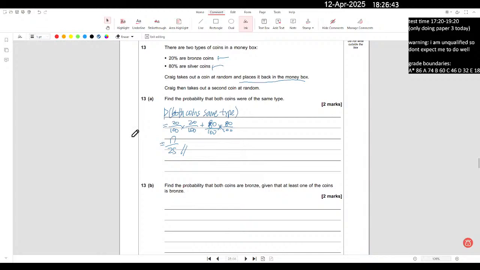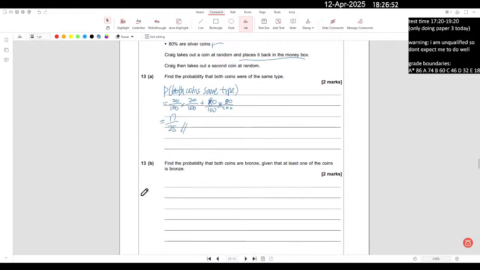And the probability that both coins are bronze given that at least one of the coins is bronze. I think we've got to take P(both coins are bronze) divided by P(at least one coin is bronze), which is also 1 minus P(both coins are silver).